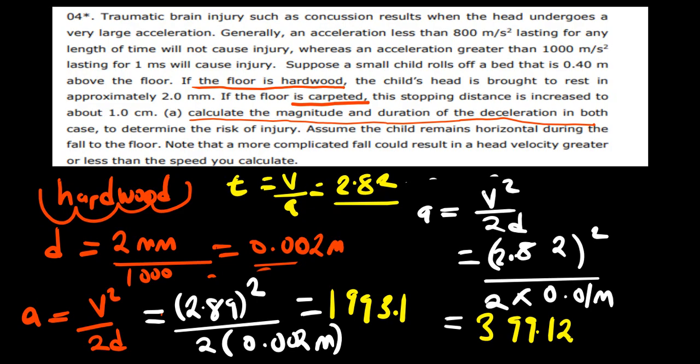So if you're going to find the time, it depends on the acceleration that you're using. If you're using the hardwood, you put the acceleration for the hardwood here, and you calculate 2.82 divided by that number.